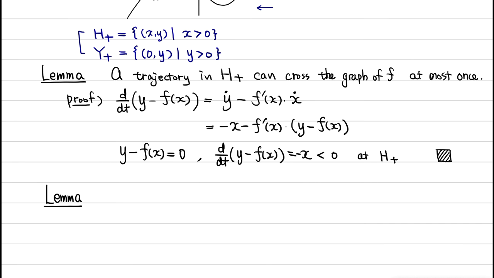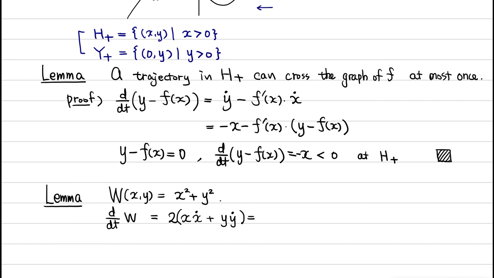The next lemma is that we consider the following function, which is 0 at the origin and growing positive at other points. And we take the time derivative of this function.